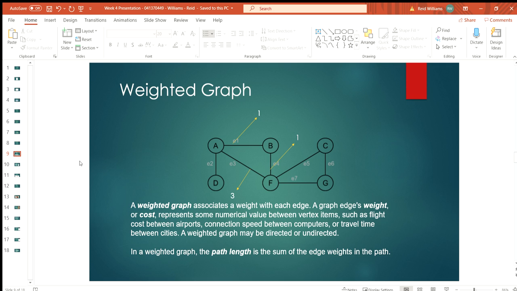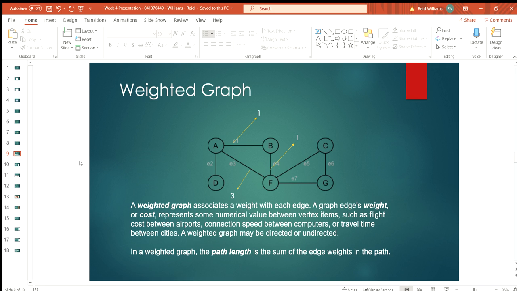But in a weighted graph, the path length is actually the sum of the edge weights. So it's not just that we're going E3 from A to F, and therefore it's just 1. We have to look at the weight of E3, which is 3. In the previous example, they were all the same weight, and therefore the shorter number of edges is better.